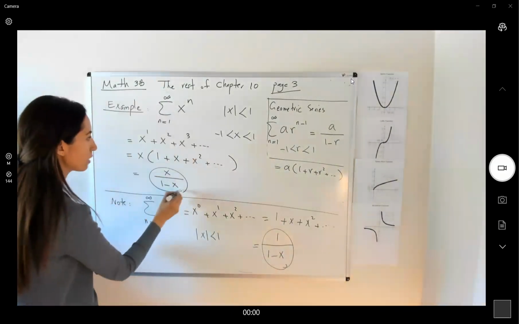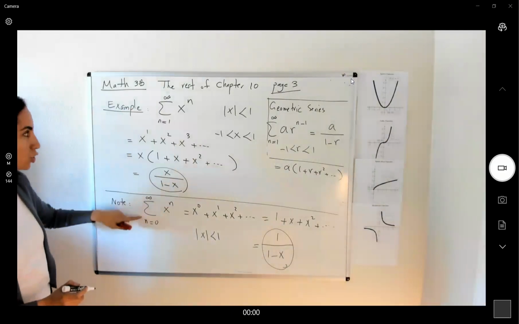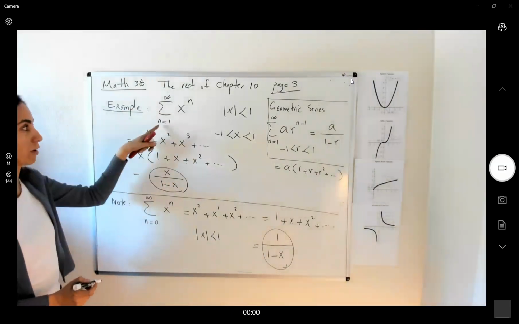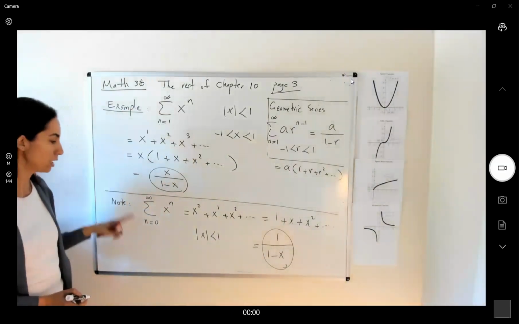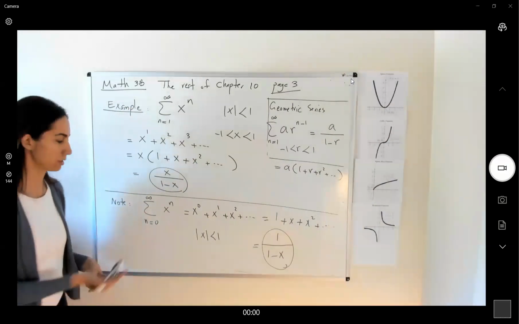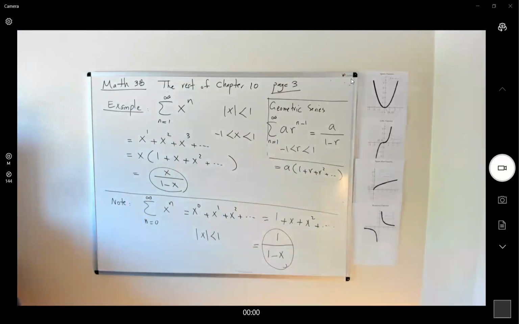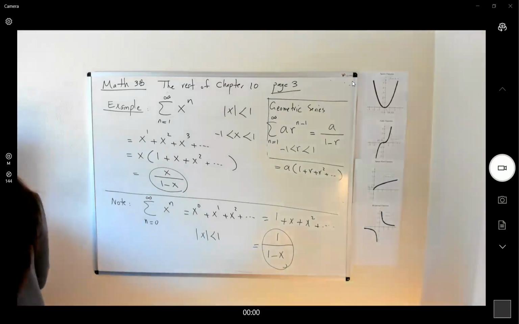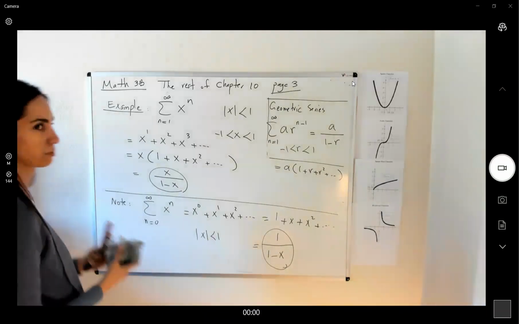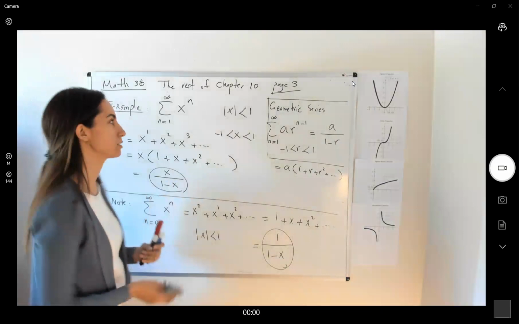So note the difference between these two series. In one of them, the index starts from 1. In the other one, the author says, okay, the index starts from 0. Another interesting series is sometimes called a telescopic series.